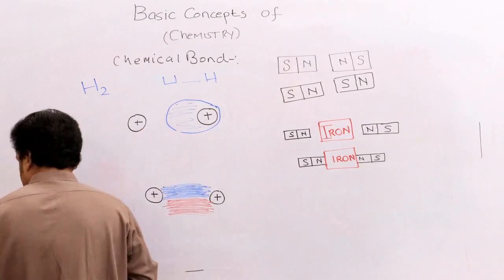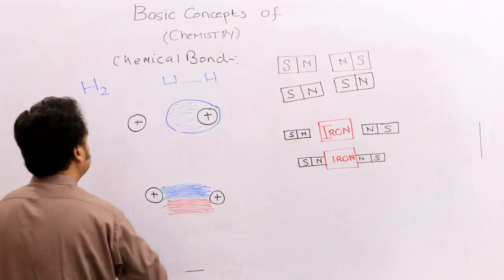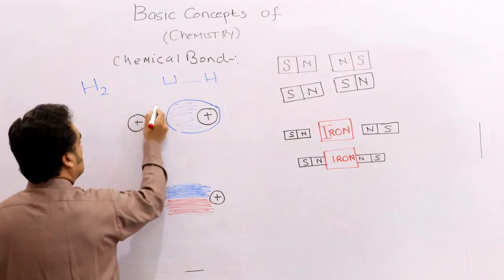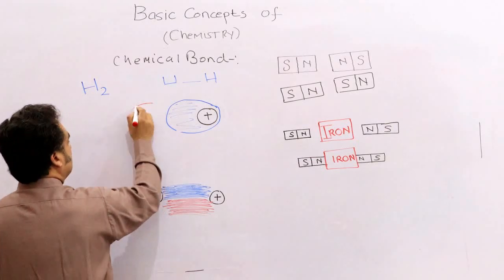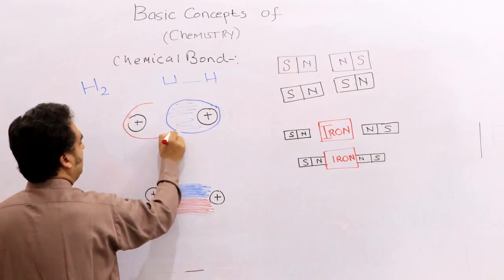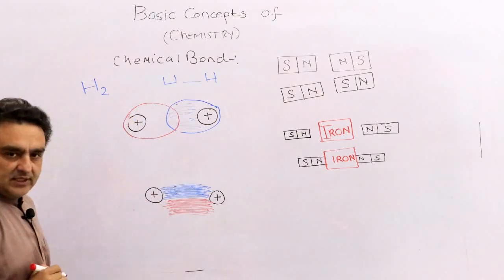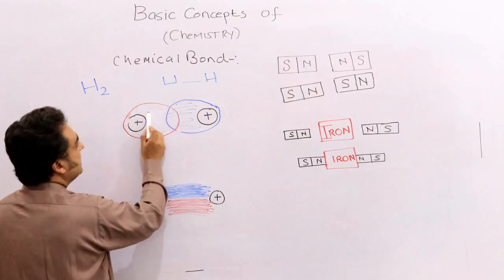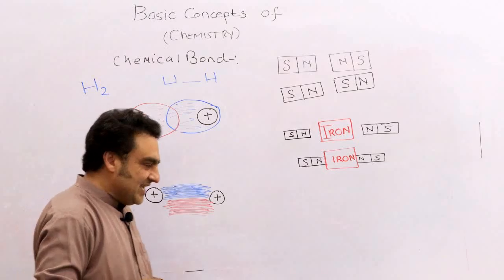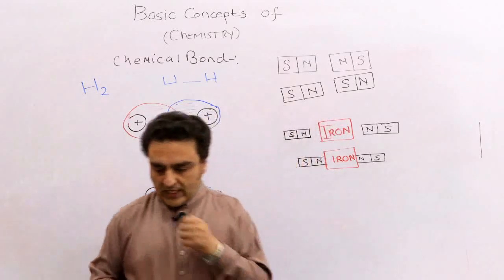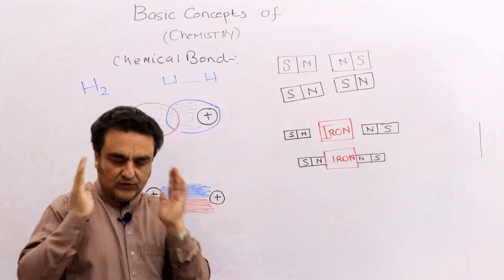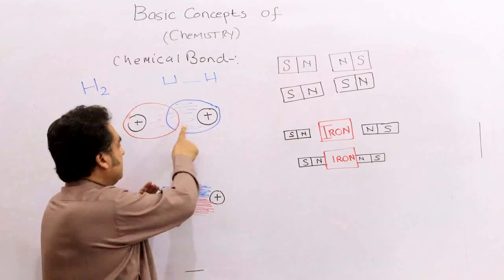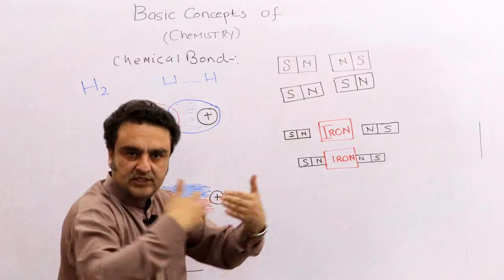Now this thing, let me write it with the red one. It forms this thing, and the electron is moving here. Again we will be thinking that these electrons should repel these things.